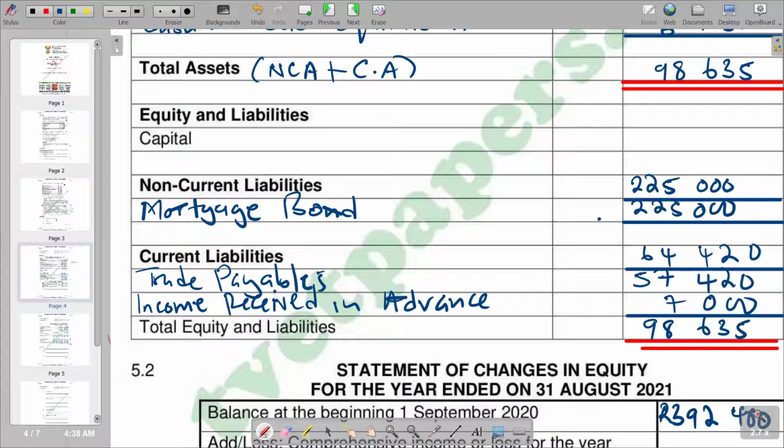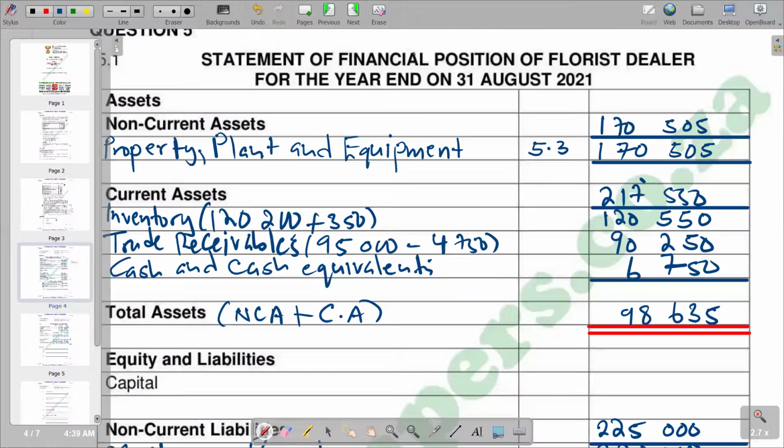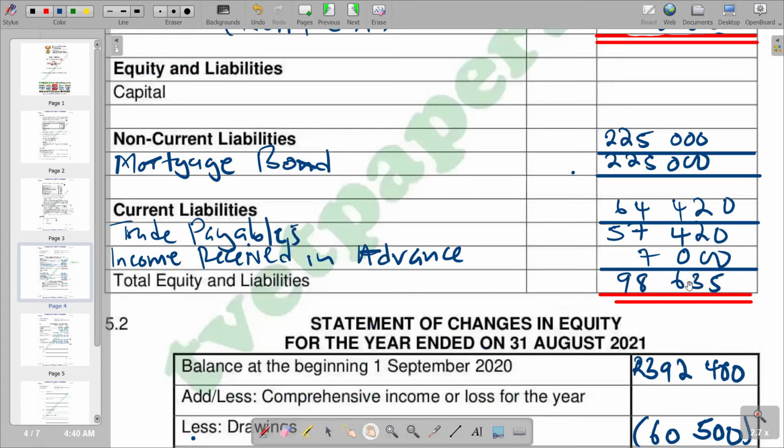We can try to calculate according to the figures that we have, and make some corrections. Total assets is supposed to be 388,055. The same figure is supposed to replace here, so we can easily correct there.